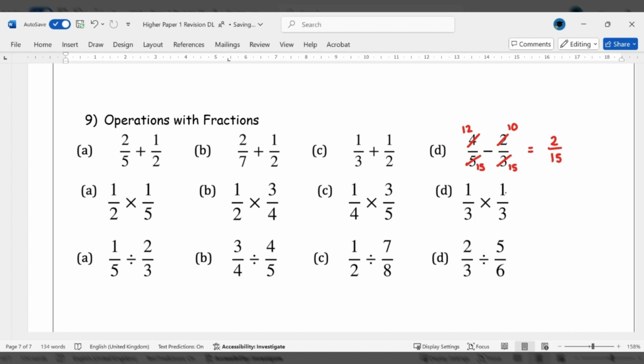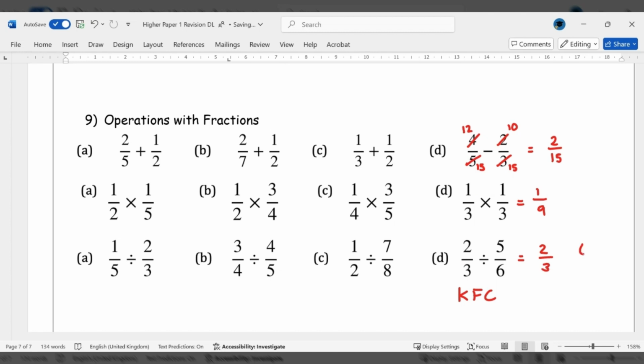In terms of multiplying, much easier. Multiply the tops. 1 times 1 is 1. Multiply the bottoms. 3 times 3 is 9. And in terms of dividing, we use KFC or KCF or whatever. We'll stick with KFC because it's easier to remember, which is keep. Keep this one the same, 2 over 3.